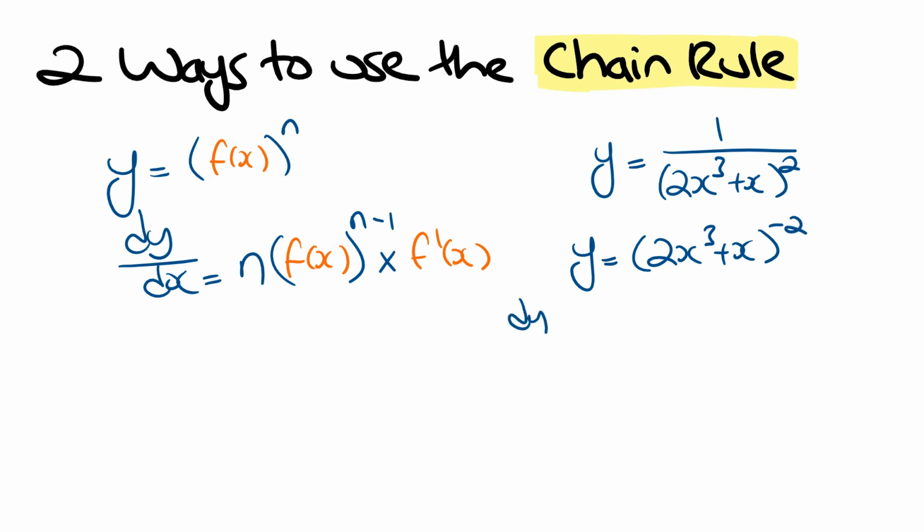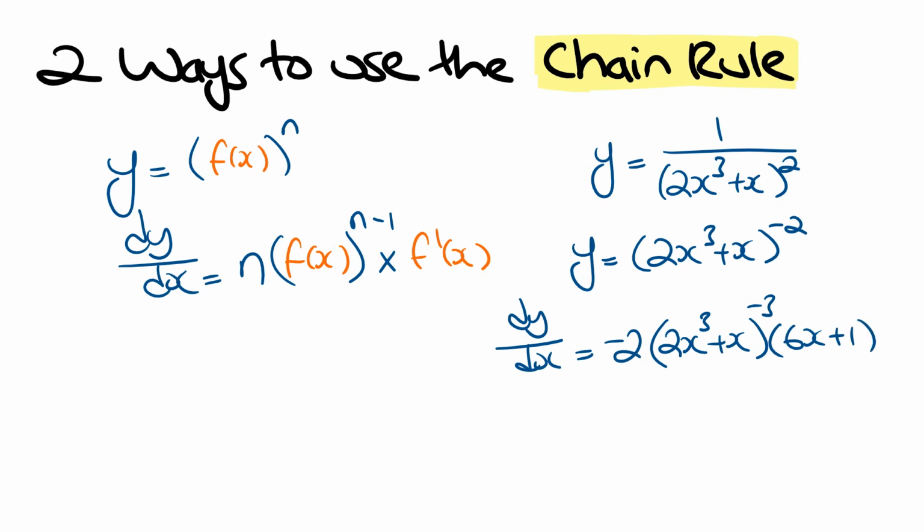So dy dx is going to be, treating the function inside the brackets as one term, minus 2 times (2x cubed plus x) raised to the power of minus 3. And this time we multiply it by the derivative of the function inside the brackets, which is (6x plus 1), giving us the same answer as before, only in one step.